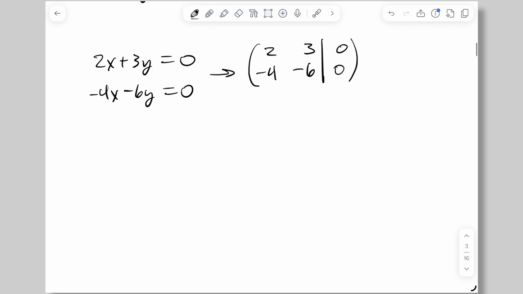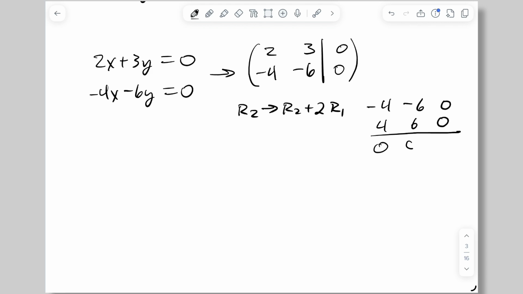Doing a similar thing to what we did before, suppose I want to replace row 2 using row 2 plus 2 times row 1. Row 2 is negative 4, negative 6, 0, and then 2 times row 1 is 4, 6, 0. You probably already saw this coming. We get 0, 0, 0. So the augmented matrix becomes 2, 3, 0, 0, 0, 0.